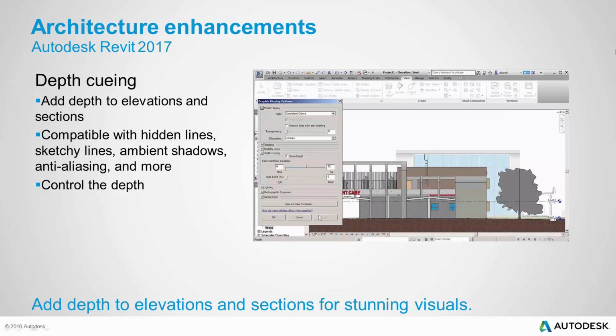You can control where the fade starts and where it ends and how much it fades out. The idea is that this is not going to get every single line perfect in your model, but it's going to give you a much better look really quickly where you can just apply it. And it does work with all the other view functionality like hidden lines, sketchy lines. So you can create really beautiful architectural drawings really quickly just by clicking a button.